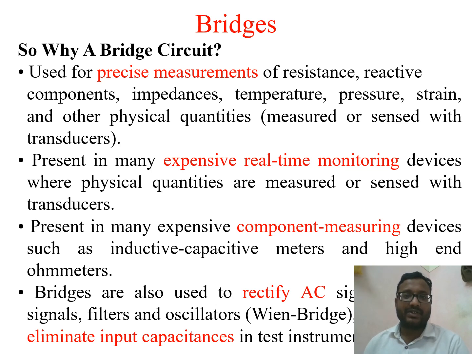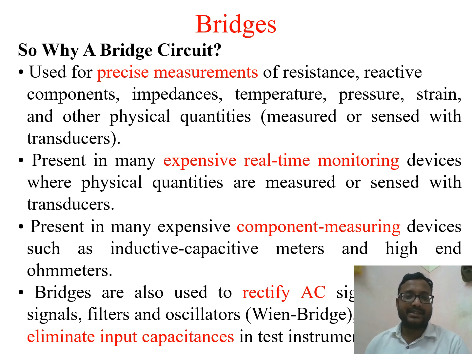First, why a bridge circuit? Why do we have to use a bridge circuit? It is used for precise measurements of resistance, reactive components or impedances, temperature, pressure, strain, and other physical quantities.